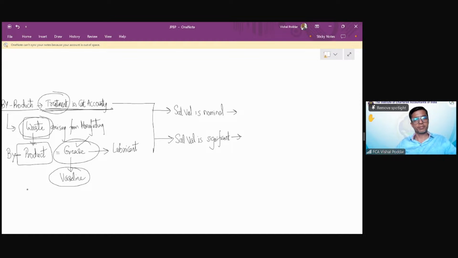What is the difference? If the sale value is nominal, you treat the byproduct as scrap. If the sale value is significant, you treat the byproduct as joint product.